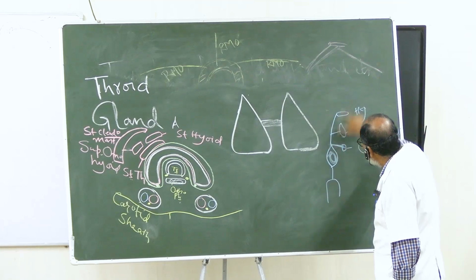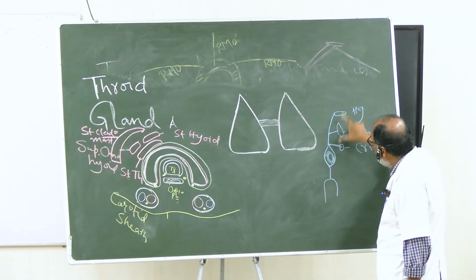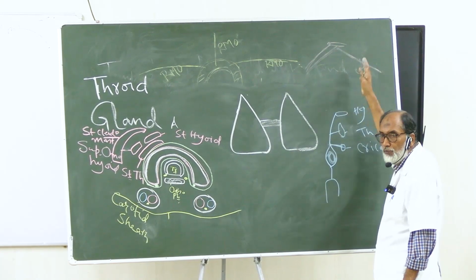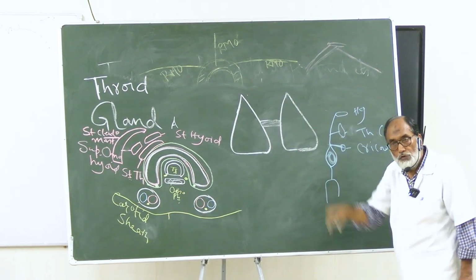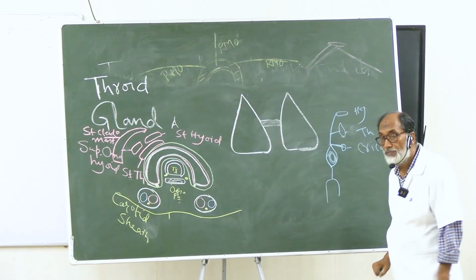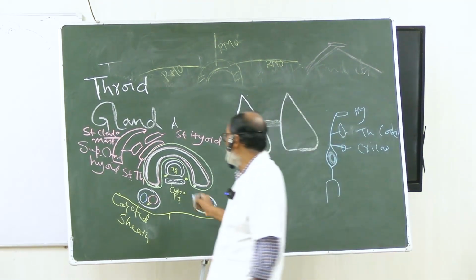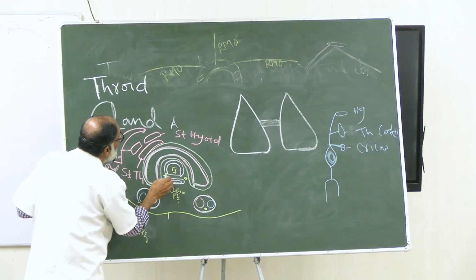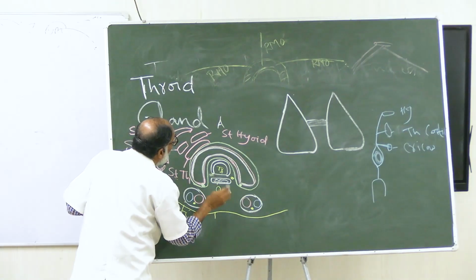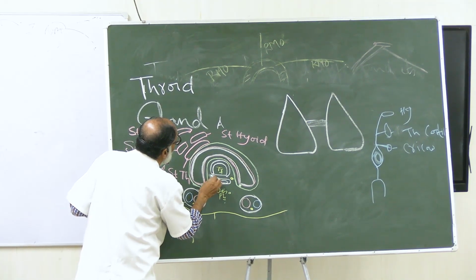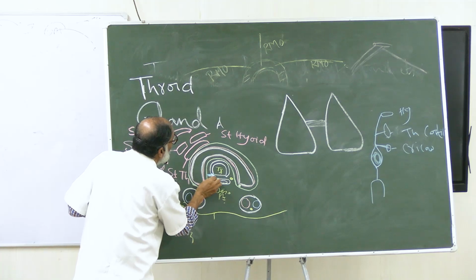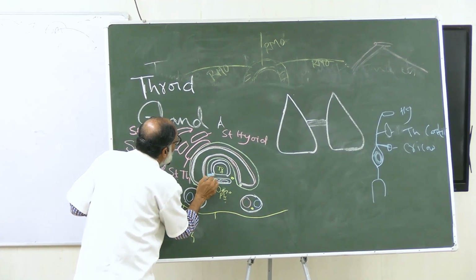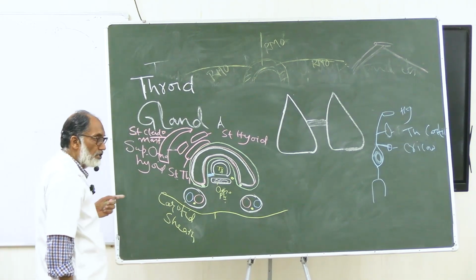So as it is attached to all these ligaments, when there will be swallowing, these three ligaments will move, and along with this the thyroid also moves, right? You should draw this picture. Here this is the investing cervical fascia, and though it is here, it is attached to the cricoid cartilage.